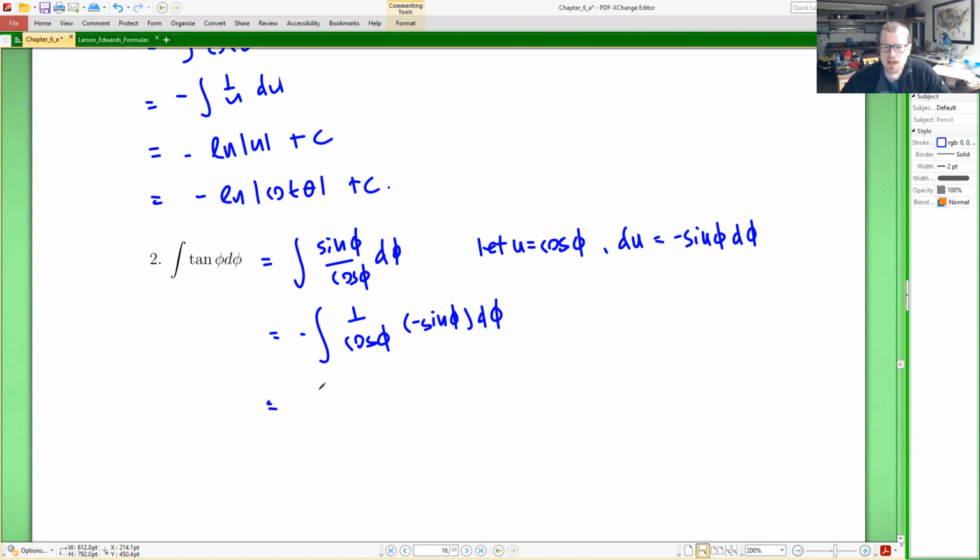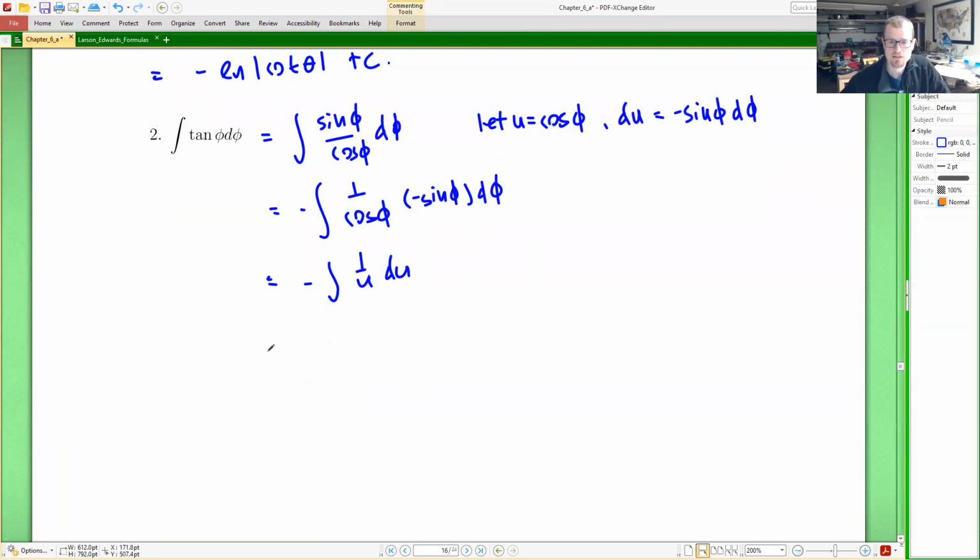So we see that we have the integral of 1 over u du. We say, yay, we get to use the natural log. So this is the negative of the natural log of the absolute value of u plus c. And of course, we substitute back so that we are in terms of our original variable. So negative the natural log of the absolute value of cosine of phi plus c.